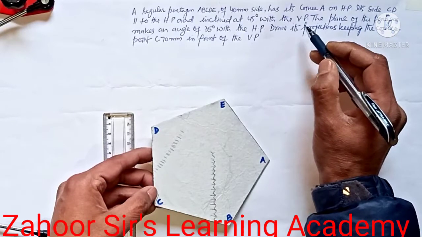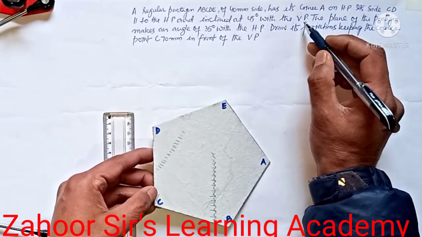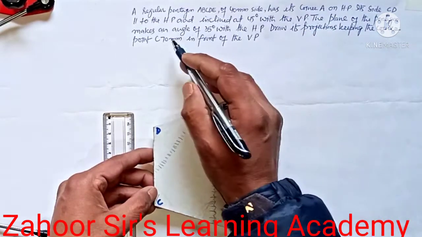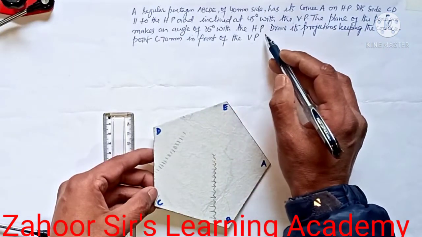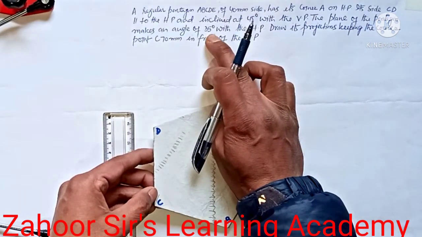The plane of the pentagon makes an angle of 35 degrees with the HP.